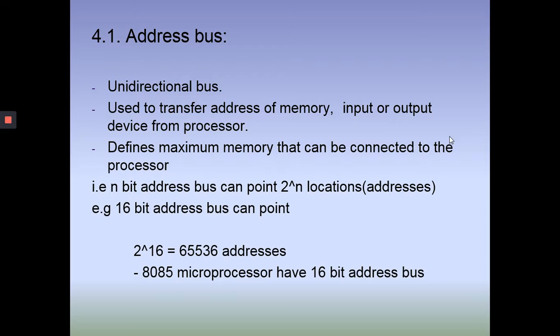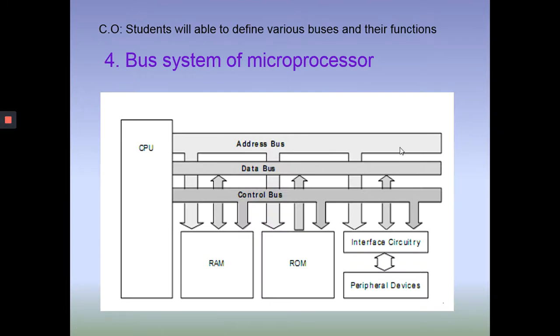What is the role of this address bus? The address bus is a unidirectional bus. It is used to transfer addresses of memory, input or output devices from the processor. It defines the maximum memory that can be connected to the processor. Whenever this processor begins execution, first of all it places certain bits of address on this address bus, and this address bus is connected with memory devices and input output devices.